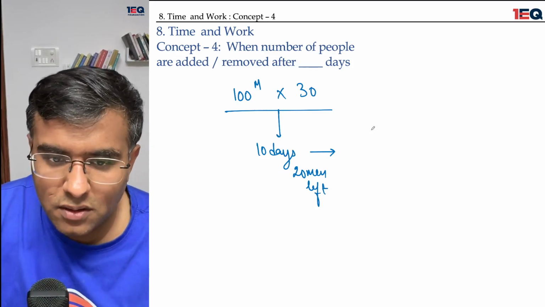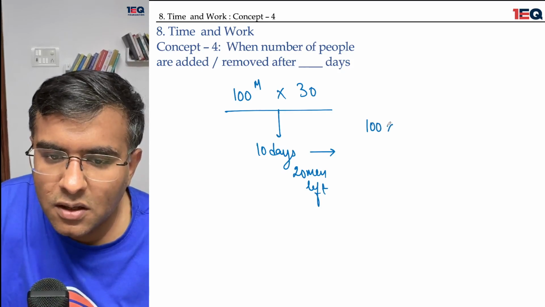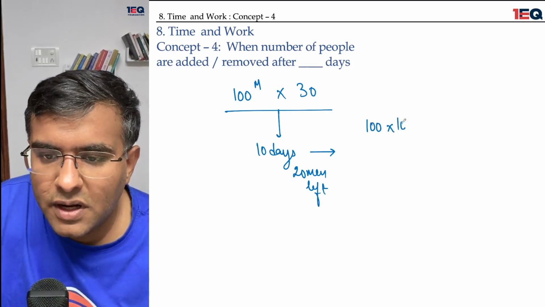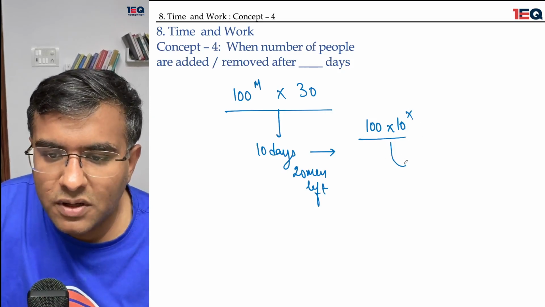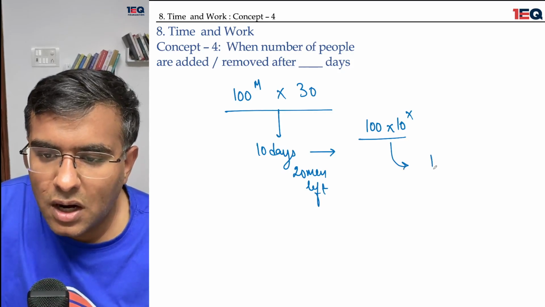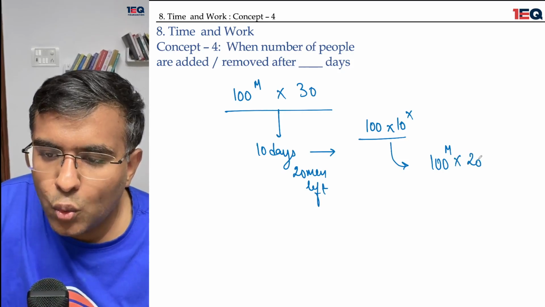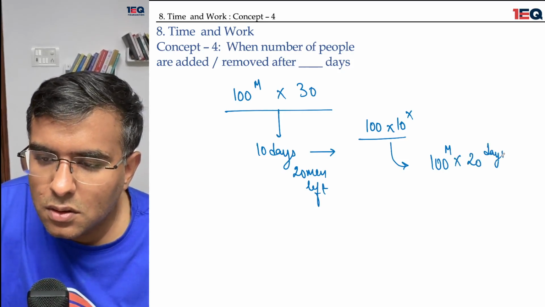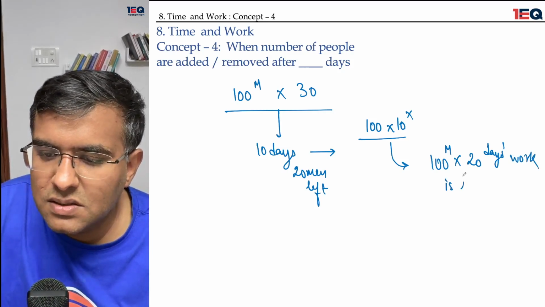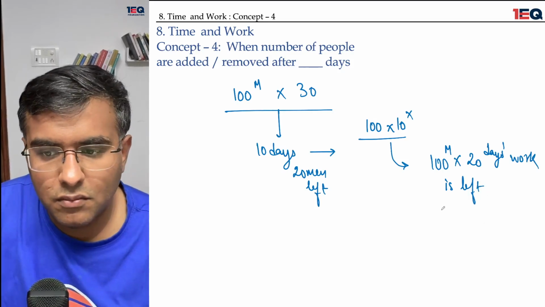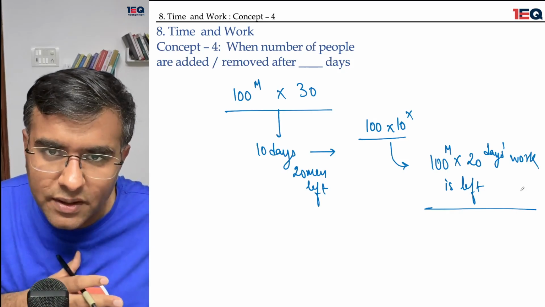Do not run after the 100 men working for 10 days. No, only work after the 100 men whose 20 days work is left. Okay? Do not focus on the work which has been completed.